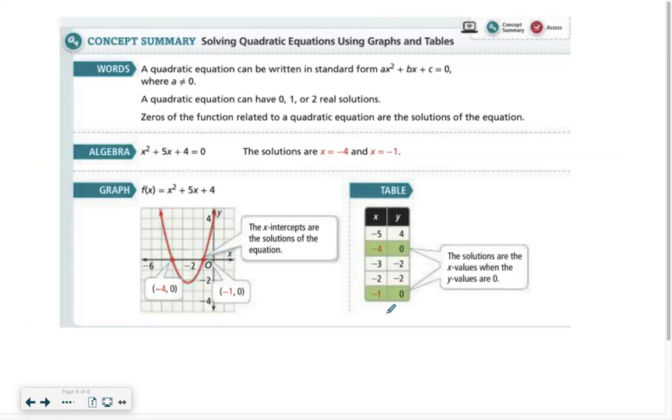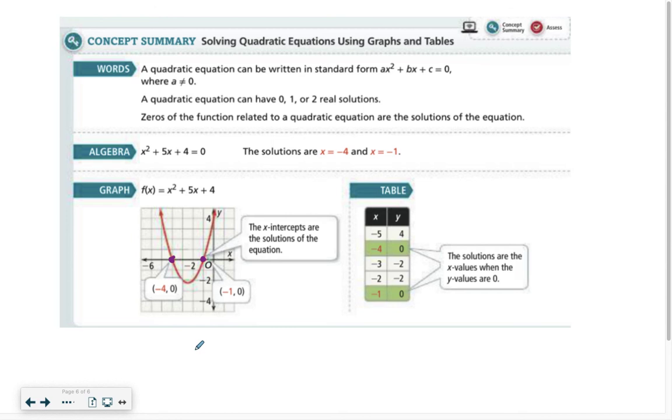Okay? Then here is your fun little concept summary that summarizes the things that we've talked about in this lesson. The only other thing that I'm going to add to this slide is on your homework, you're going to get some multiple choice questions asking you what graph matches with this.